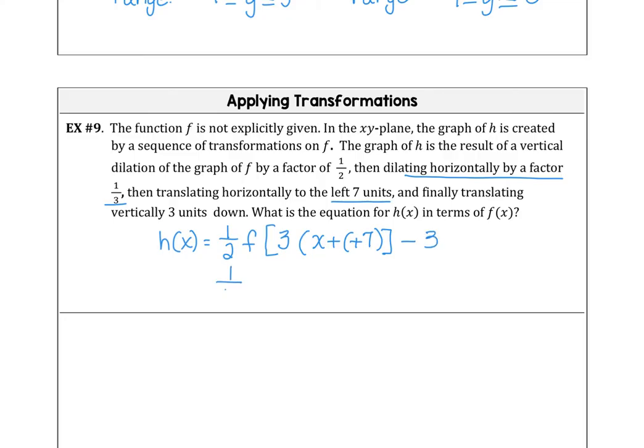So we should have 1/2 of f times the quantity 3, x plus 7, minus 3 for our h of x function.